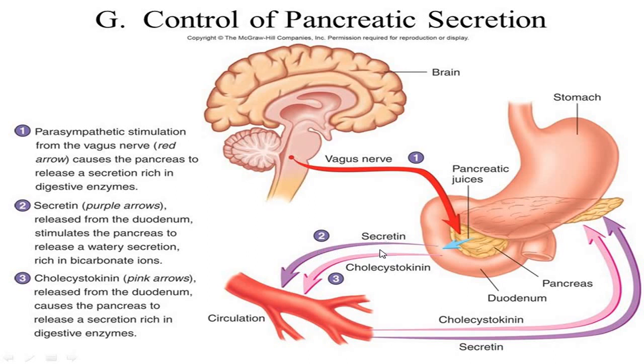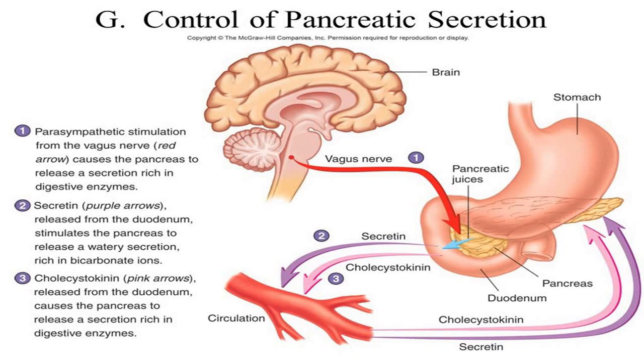Both secretin and cholecystokinin are released in the blood, and through blood circulation they stimulate the pancreas. Secretin stimulates the pancreas to release a watery secretion which is rich in bicarbonate. Bicarbonate neutralizes the acid present in the acidic chyme.